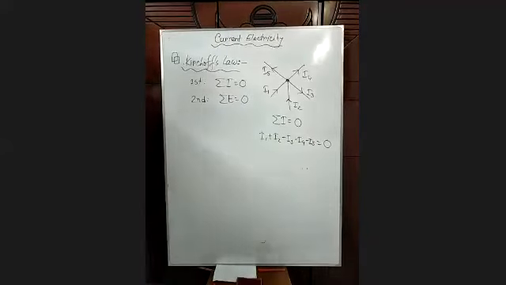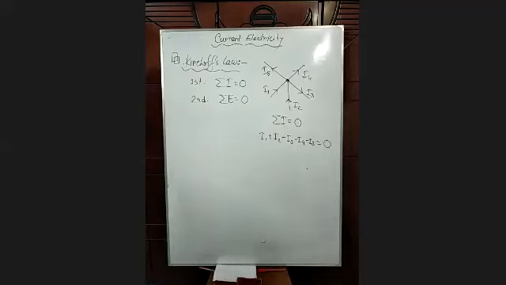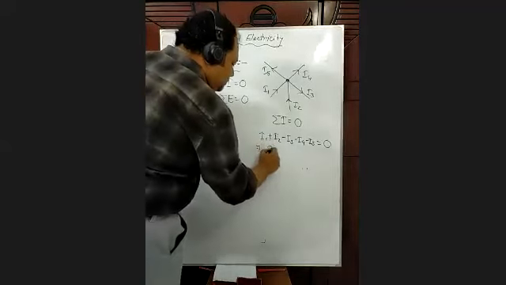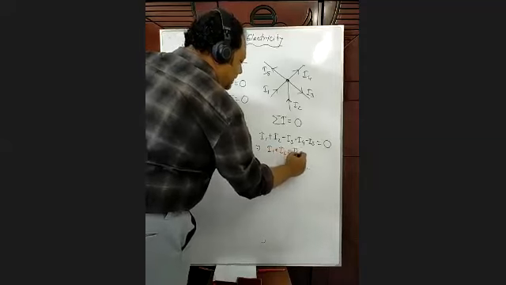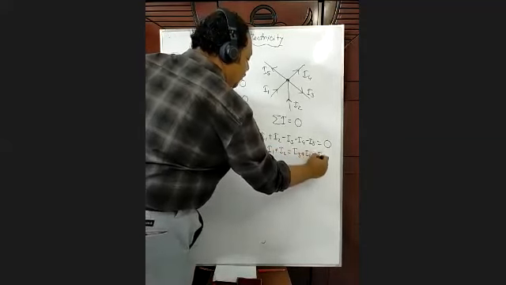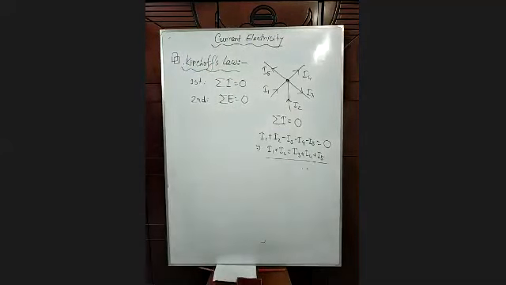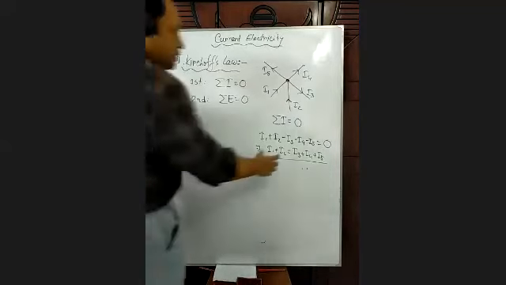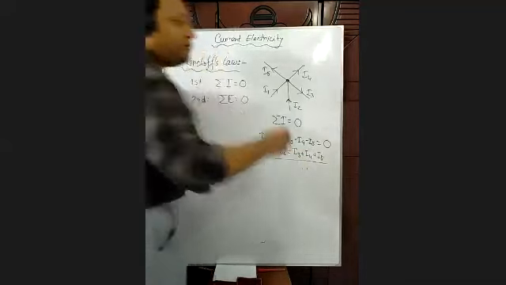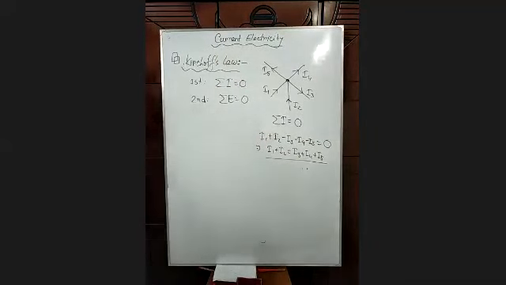That is summation of I. And if I say I1 plus I2 equals I3 plus I4 plus I5, then we can say one thing. The current that comes to the point and the current that goes away from the point, their summations are the same. So if I1 and I2 total 5 ampere, I3, I4, and I5 also have a total of 5 ampere. So this is Kirchhoff's first law.